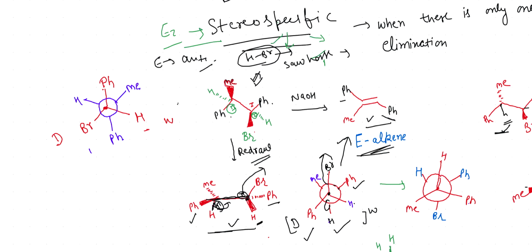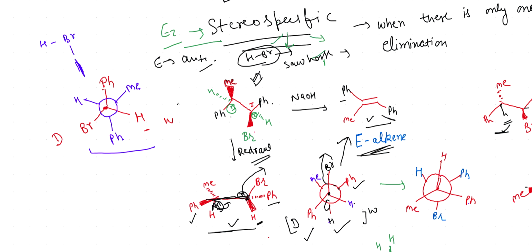Okay. So our condition is, for the E2 elimination reaction, the hydrogen and bromine should be anti-periplanar, meaning bromine and hydrogen both should be in the upward or downward direction. But in this case, bromine and hydrogens are not present in the upward or downward direction.